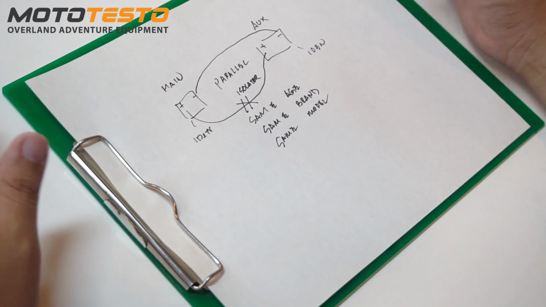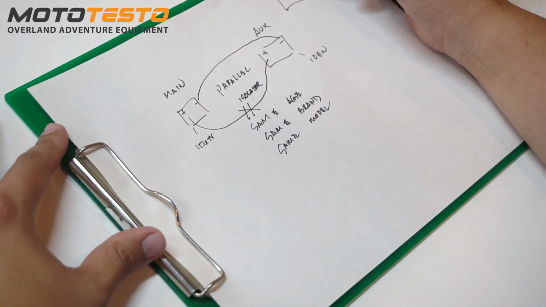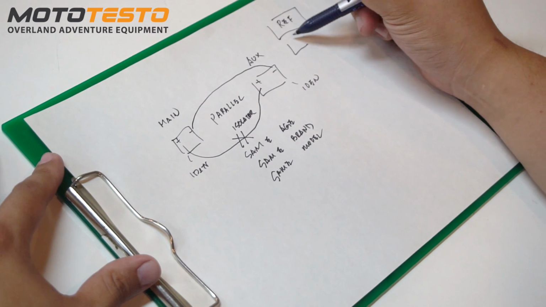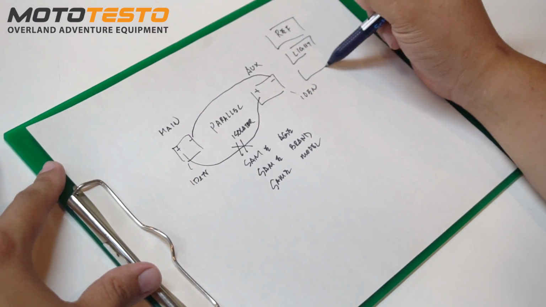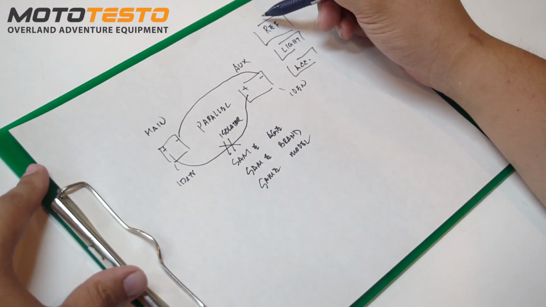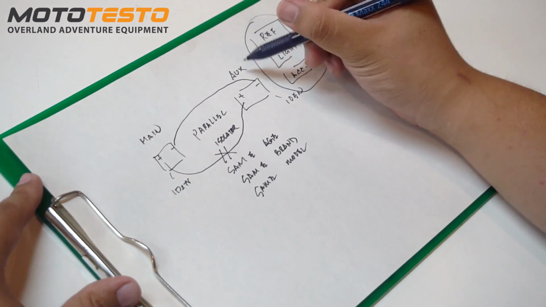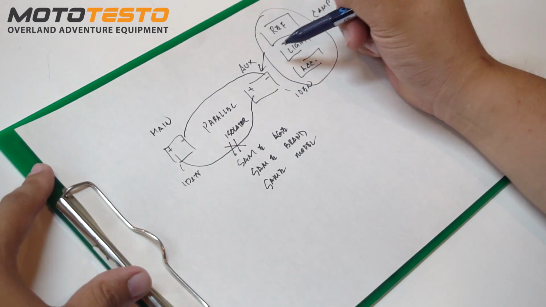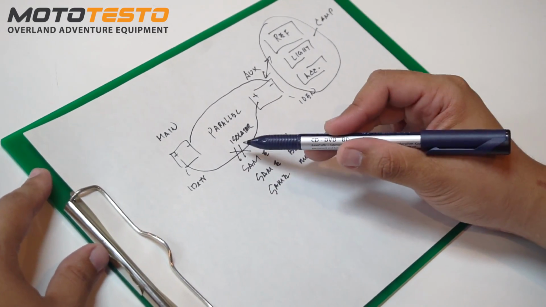So that when you have ref, light, accessory sa campsite, camp, you only consume this battery. The aux. Hindi madadamay yung main kasi it's cut off.